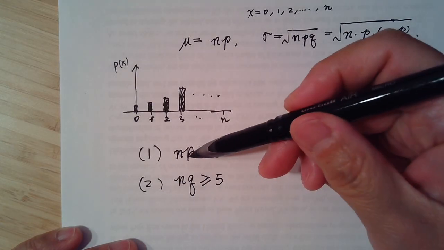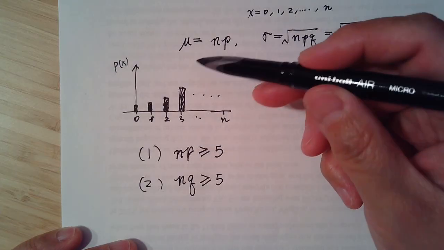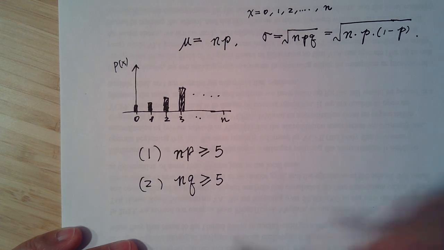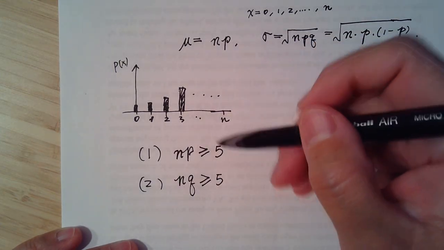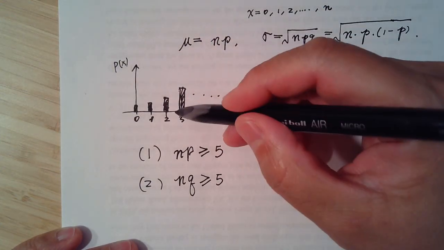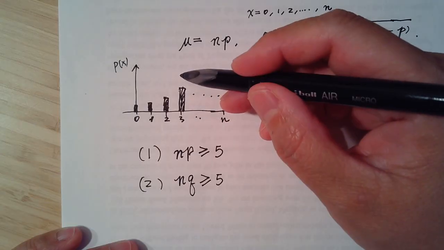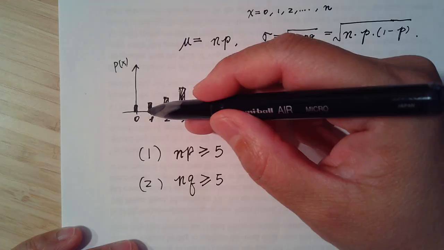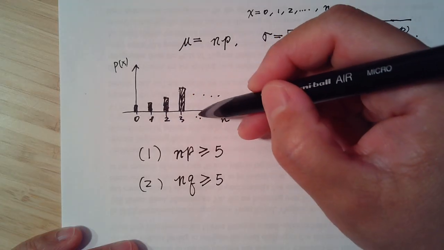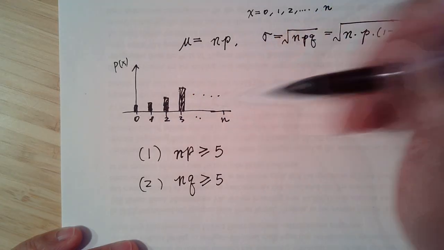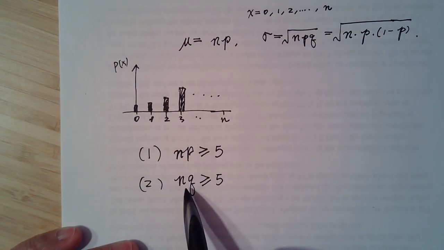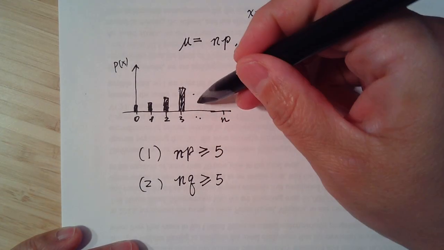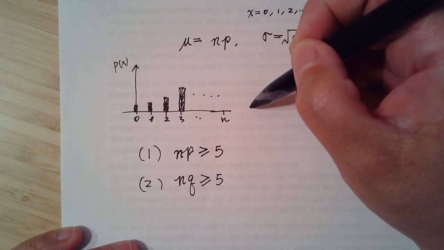Do you remember what np is? np is the mean, which is the average or expected number for this distribution. If that is greater than or equal to 5, it means the highest bar of your histogram will not occur very close to the 0, 1, 2, 3 side, because it's going to start from 5 or more. And nq greater than or equal to 5 means the highest bar is not going to be too close to the right side.